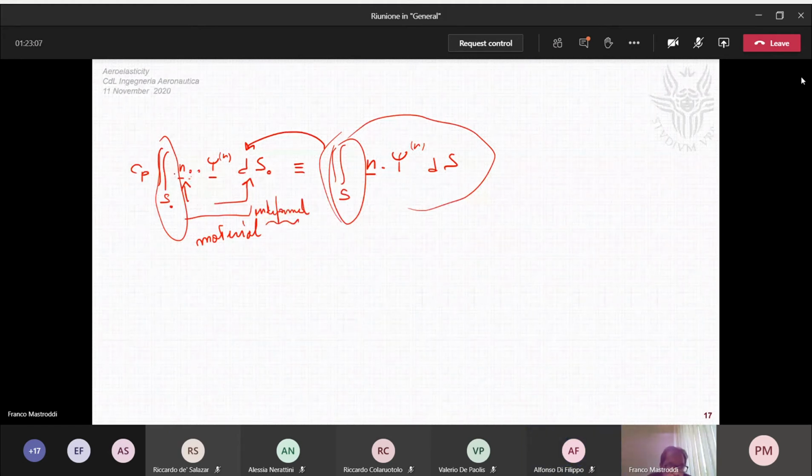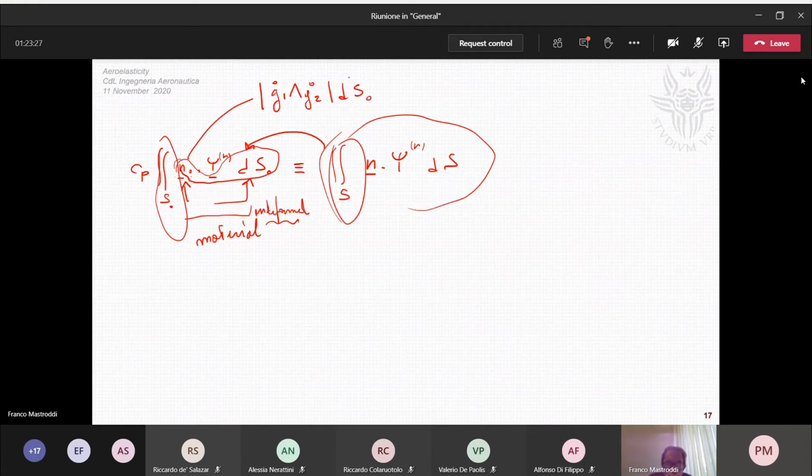The demonstration is here. So this is related to this. This is n0, and n is, remember, g1 cross g2 in the S, S0.